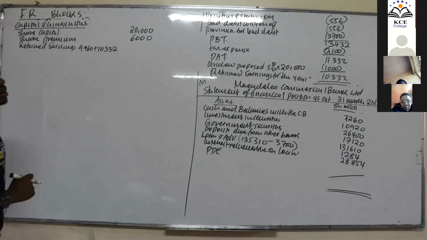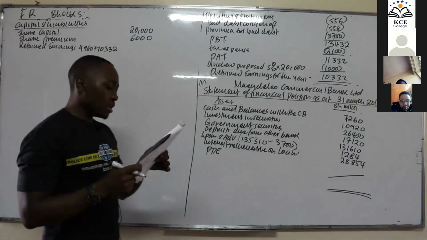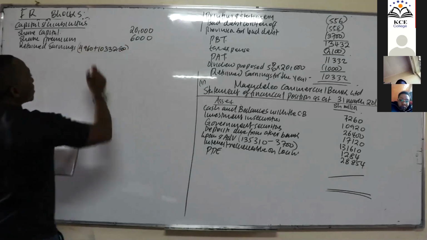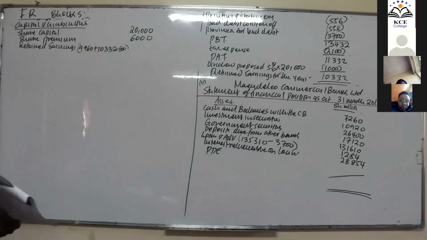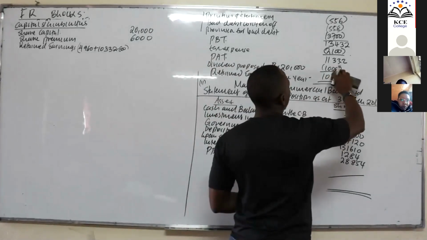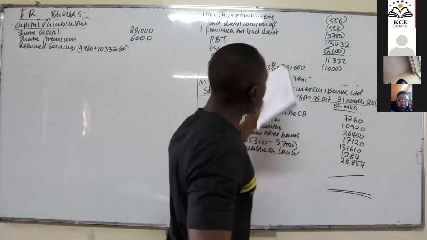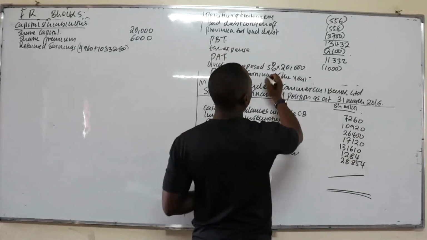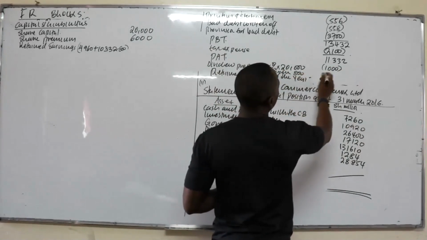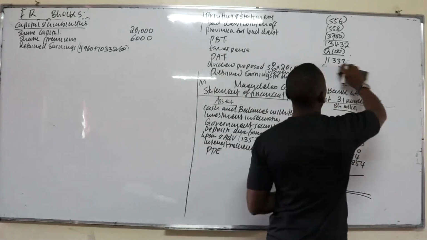Also, before that retained earnings, there was another interim dividend paid. They paid an interim dividend of 800. So that means you can also adjust here. This was a proposed dividend. The proposed dividend was 5%, which is 1,000, and also they had already paid an interim dividend of 800. So that means the total dividend paid during the year was 1,800.